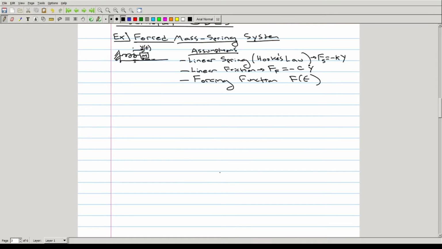And if we go through and apply Newton's laws, Newton's second law says that the mass times the acceleration is equal to the net force, the sum of all of the forces on the mass, which will be the force of friction plus the spring restoring force.